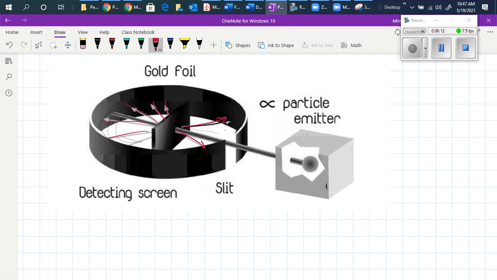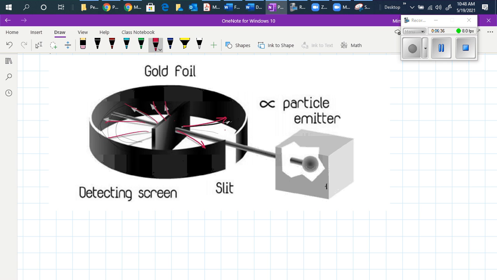When this was assembled, another scientist, Geiger, one of Rutherford's graduate students, was asked to record the location of the collisions on the zinc sulfide screen.